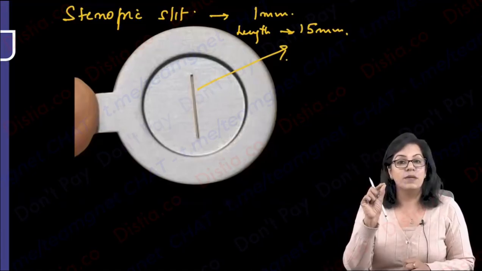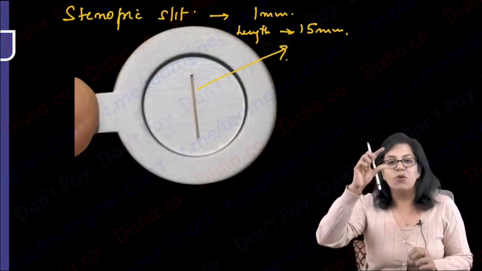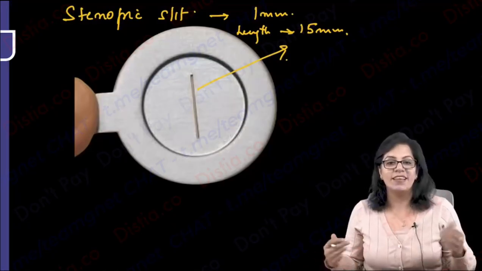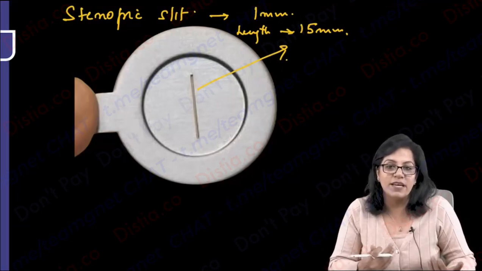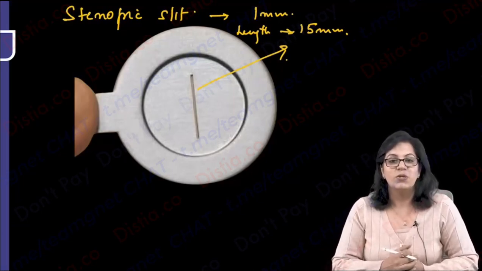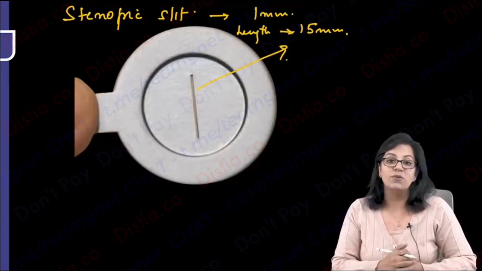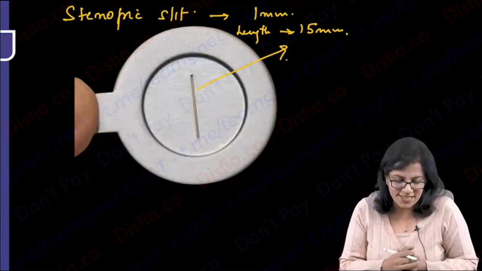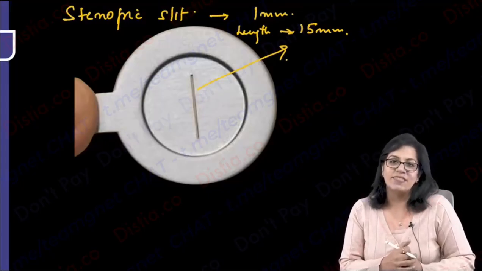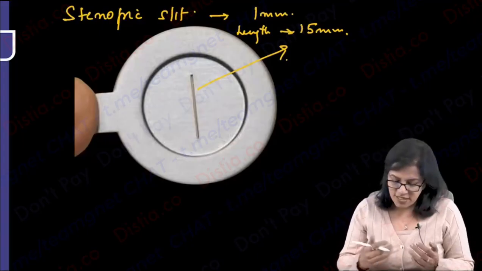Pinhole also, it was 1 millimeter, 1.2. Now, what is the role of using the slit? One we have already learned is Fincham's test, where you pass the slit and see whether the halos are breaking or not, in case of colored halos, to see whether it is due to cataract or due to acute congestive glaucoma. We don't do this test so regularly, but yes, you have to know it at your level, it is asked. Come to what else we can do.